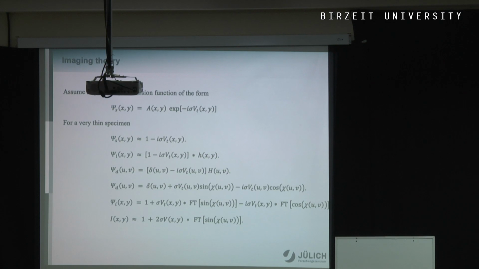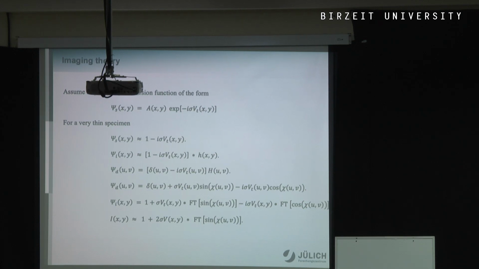There is another feature of image formation in high-resolution electron microscopy, which is often observed experimentally. And this is the fact that as you change the defocus of the imaging or objective lens, you come back to the same type of image again and again and again.